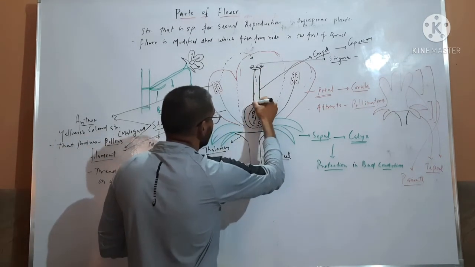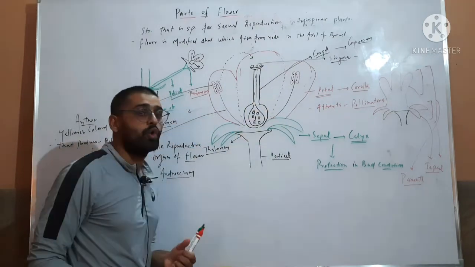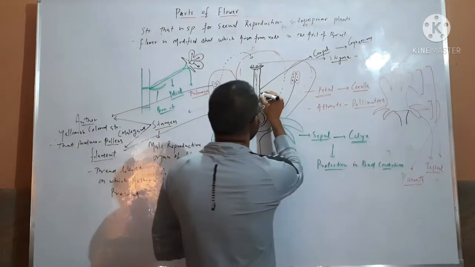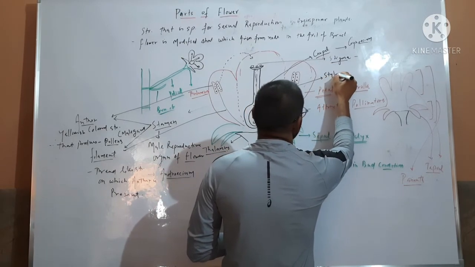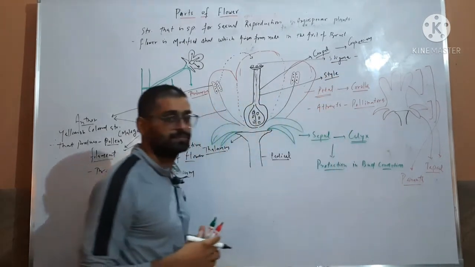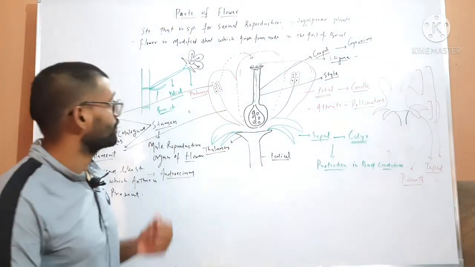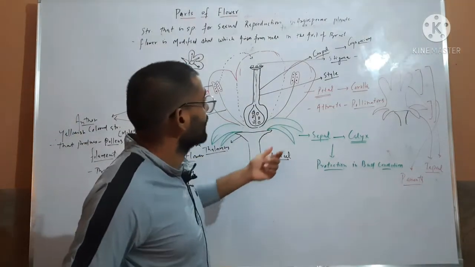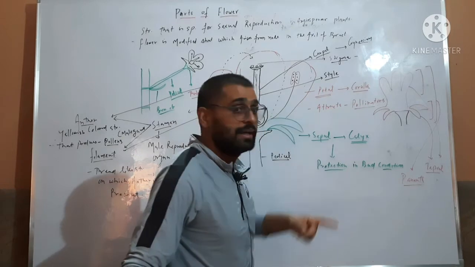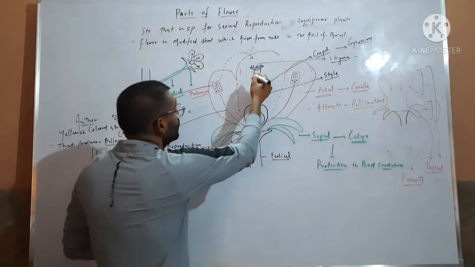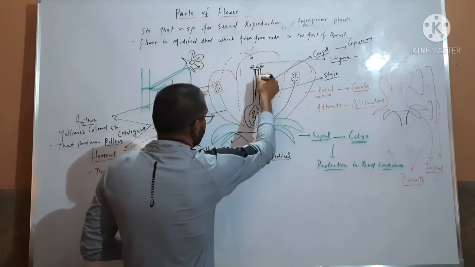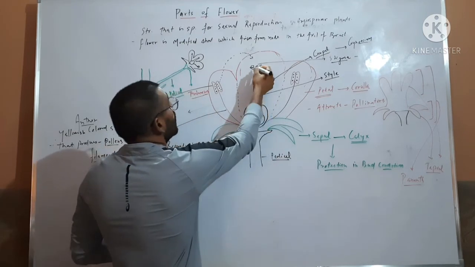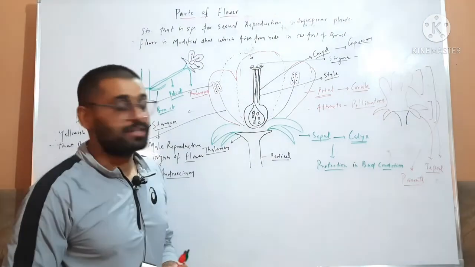And the next part is a long tube-like structure, that is style. Style is a hollow tube. It provides a passage after pollen germinates on this landing platform, that is stigma.